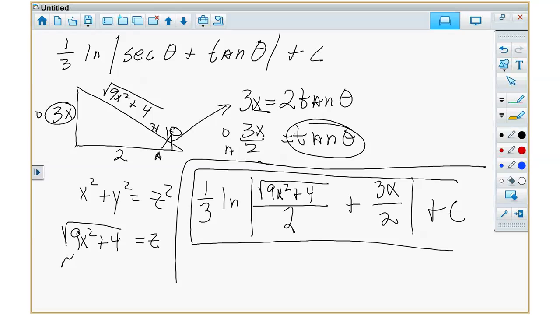And that is your final answer. Now, if you factor out the 9, you should have that answer.